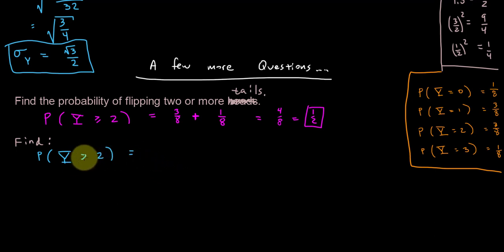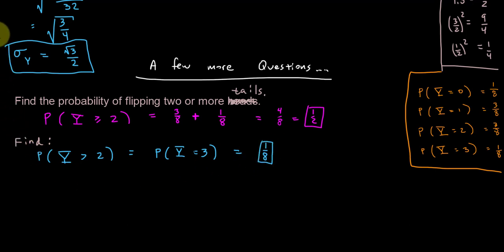So the distinct difference here is the exclusion of the equal to part on this symbol. So this is just greater than 2. Greater than 2 in a discrete variable, this is going to refer to only 3 tails. So our solution is 1/8.